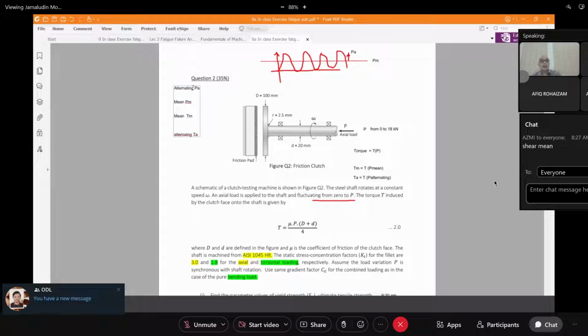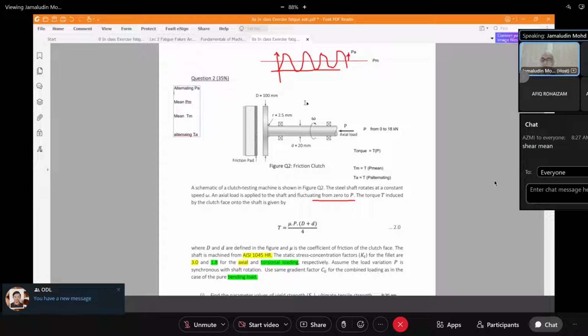Based on the alternating torque, mean P, and mean torque, you should identify whether we have sigma alternating, sigma mean, shear alternating, and shear mean. We can start one by one first.